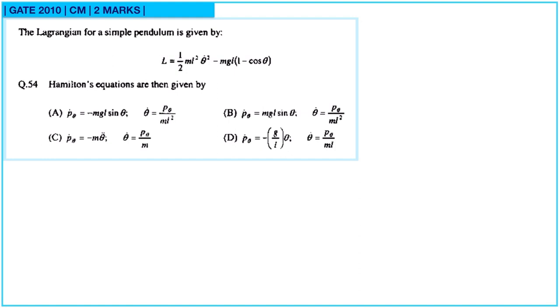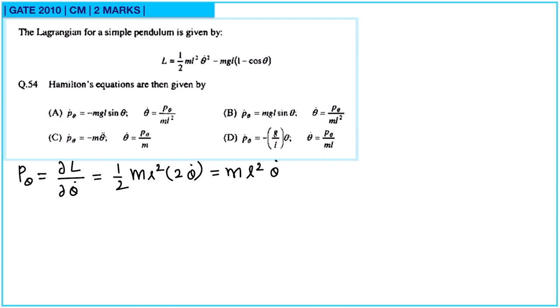Next question. The Lagrangian for a simple pendulum is given by this equation. Hamilton's equations are then given by... this is L. So let us calculate p theta, which is equal to dou L by dou theta dot, which is half m l square times 2 theta dot, which is equal to m l square theta dot.